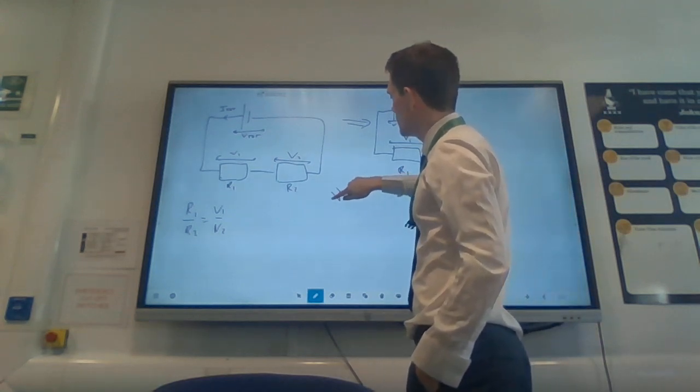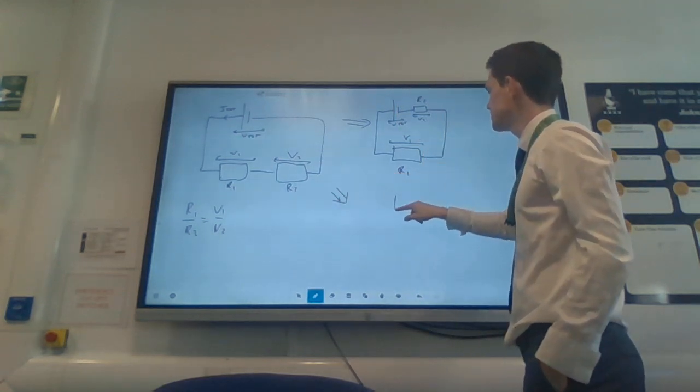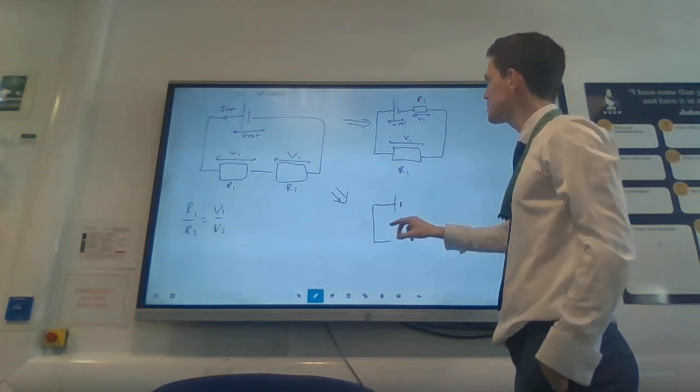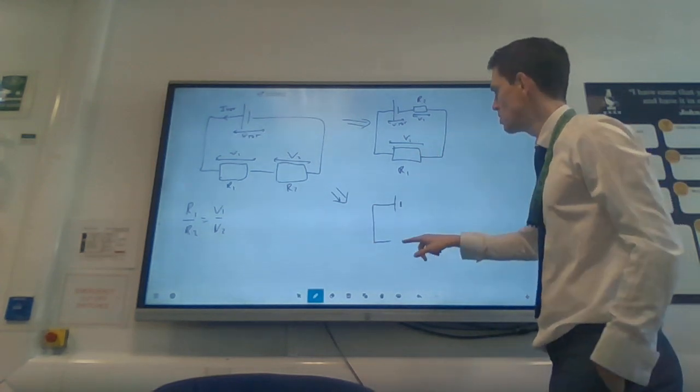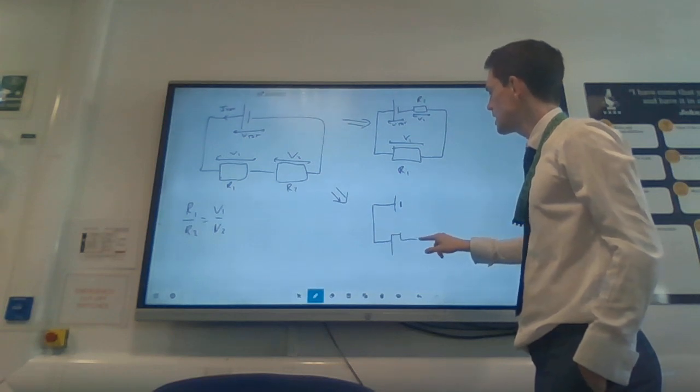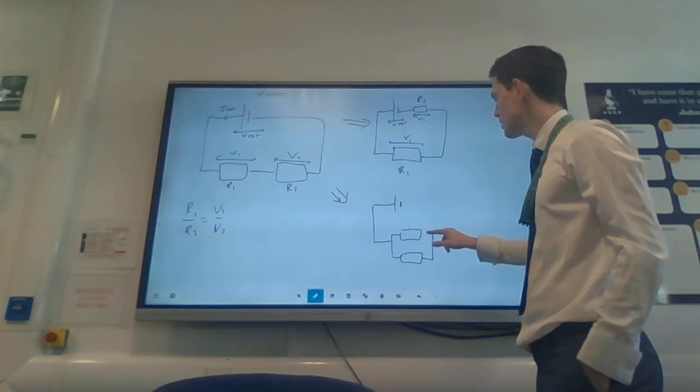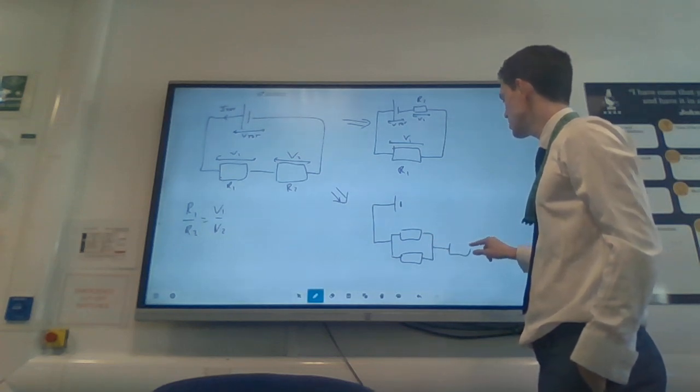The other really common way is that instead of just having a single resistor as R1, you actually have a parallel combination.